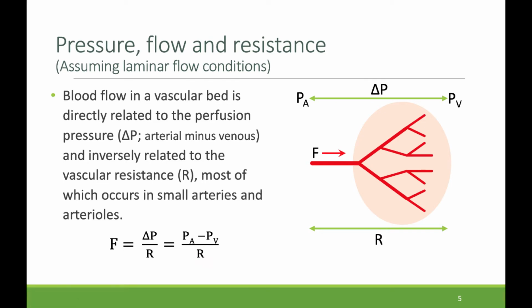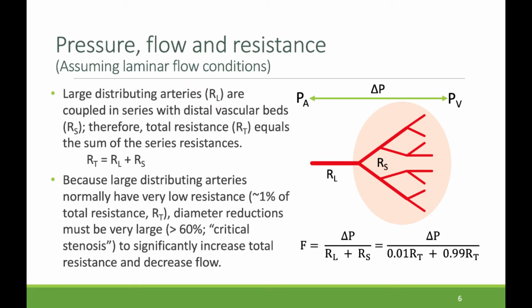With this slide, I want to illustrate an important principle regarding series resistance units. The large artery is said to be in series with the vascular element that it is perfusing because the blood is flowing from that proximal artery into the tissue and being distributed.